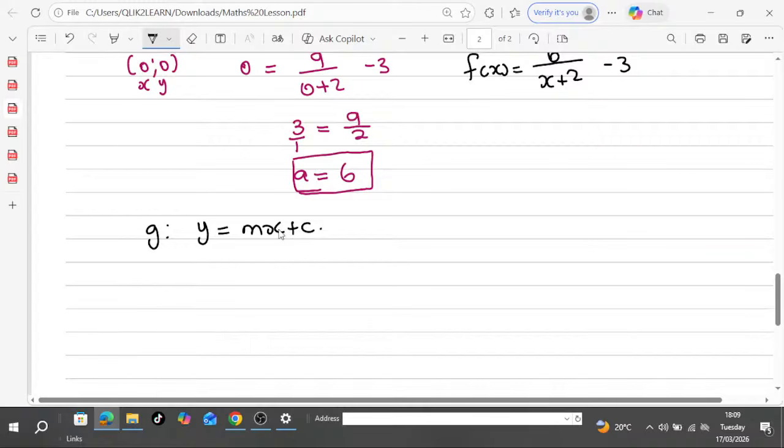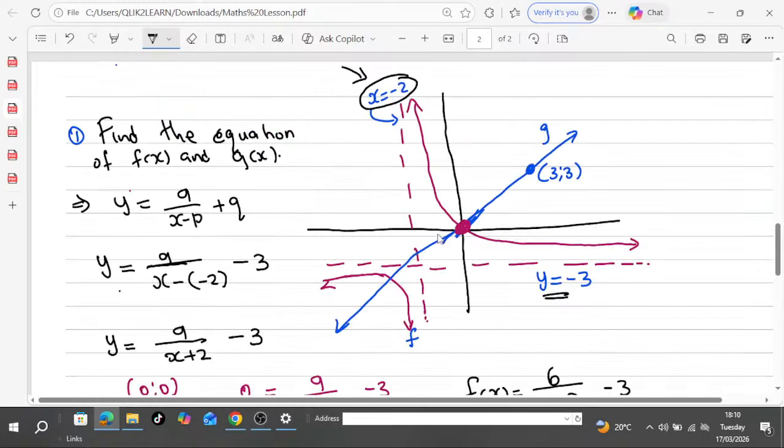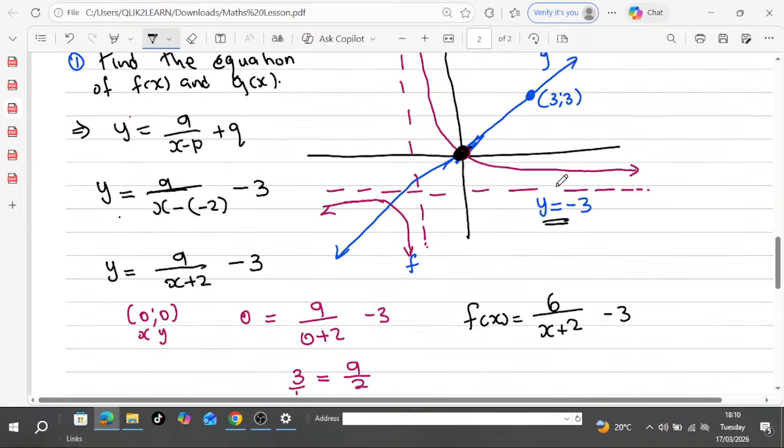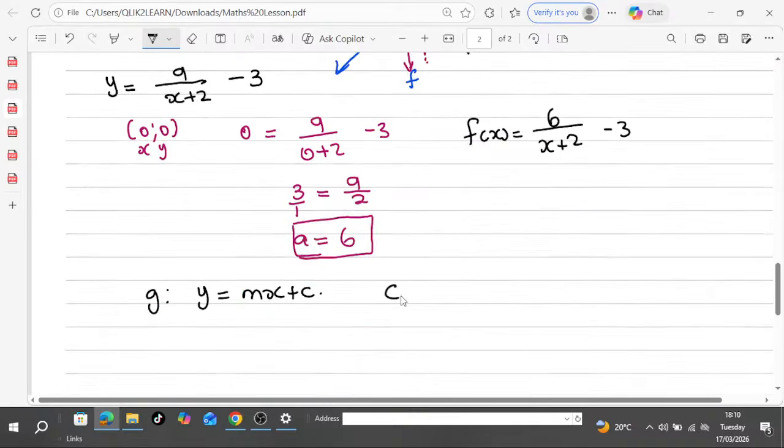It passes through the point (3, 3). We already know that g(x) cuts the y-intercept at 0. So since it cuts the y-intercept at 0, the value of c is equal to 0. So we can write y equals mx, because c is 0.